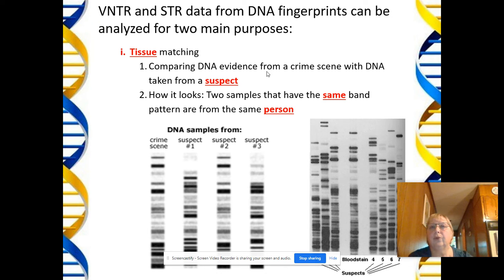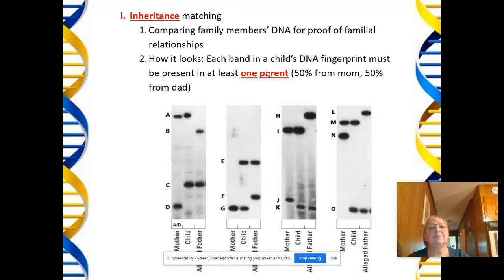It will either rule them out or rule them part of the crime scene. Inheritance matching is usually used to compare family members' DNA for proof of family relationships. Each band in a child's DNA fingerprint must have at least one parent, 50% mom and 50% dad.